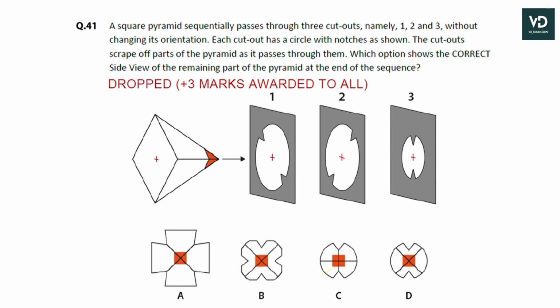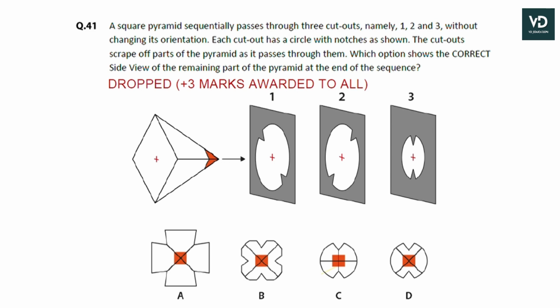41st question. A square pyramid sequentially passes through 3 cutouts, namely 1, 2 and 3, without changing its orientation. Each cutout has a circle with a notch as shown. The cutouts scrape off parts of the pyramid as it passes through them.